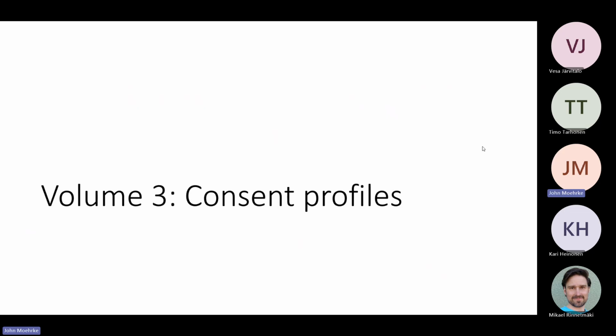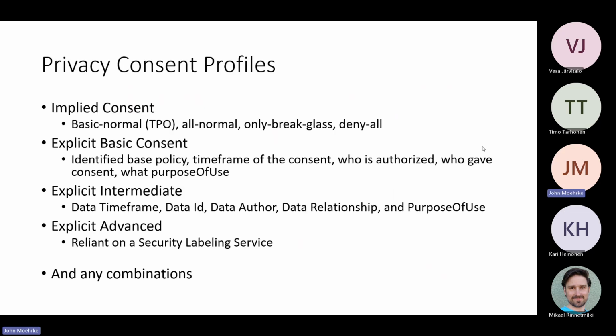So volume 3 is really where the details are. As I indicated, it's broken down into explicit basic consent, explicit intermediate consent, explicit advanced consent, and obviously at the very beginning is just implied consent.